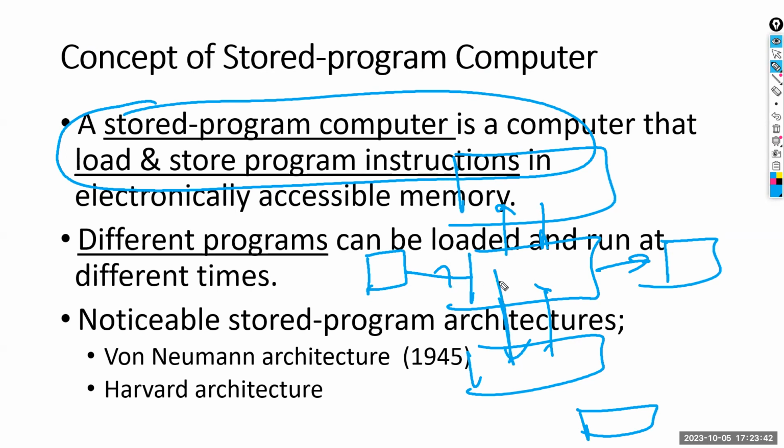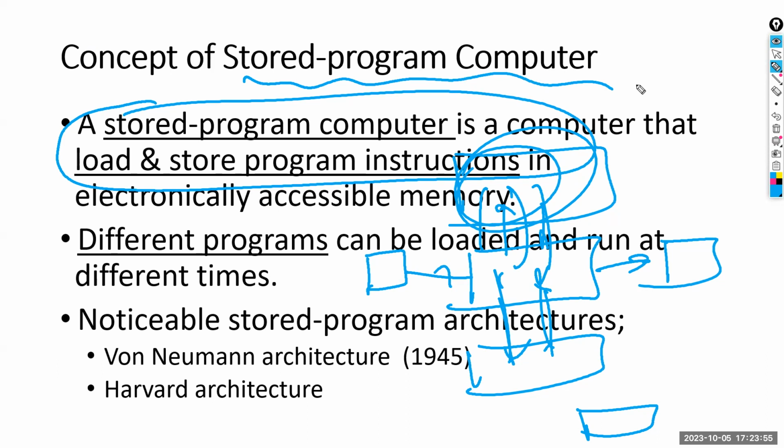Our programs are loaded to the memory, and from memory they are sent to the processor and executed. So this concept is called the stored program computer concept. Different programs are loaded to the memory and then executed at different times. Right now, of course, even at the same time, different programs can be executed as well.